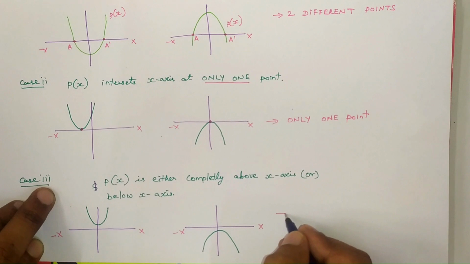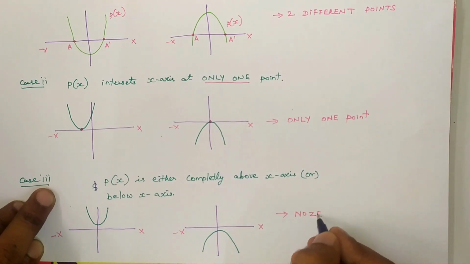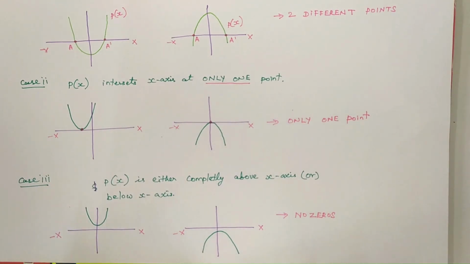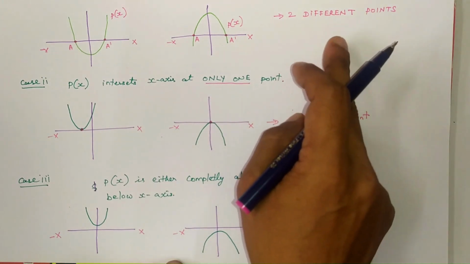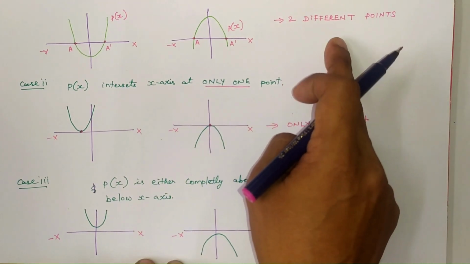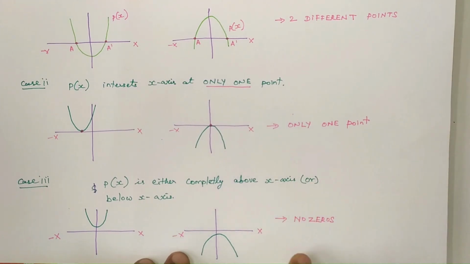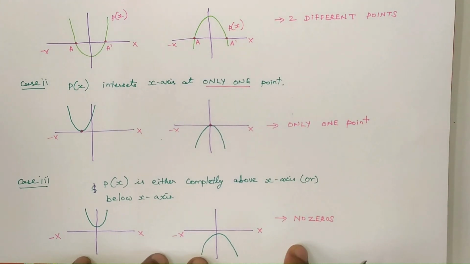So here there are no zeros. No zeros means there is no solution for this polynomial. Here we have two different solutions, that is two different zeros. Here we have only one zero, that is only one solution. Here there is no zero at all. So it does not cut or intersect the x-axis.